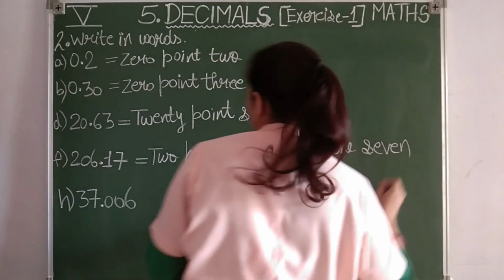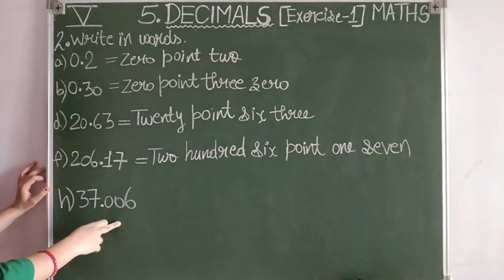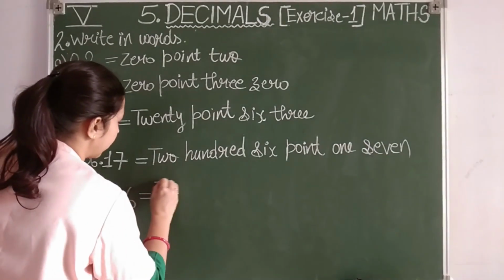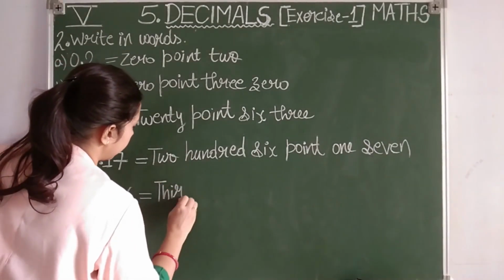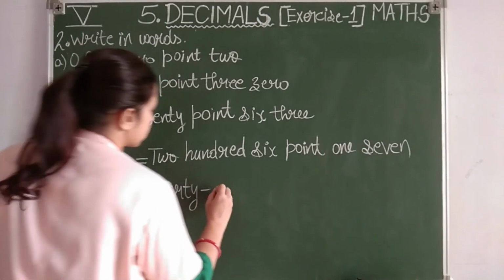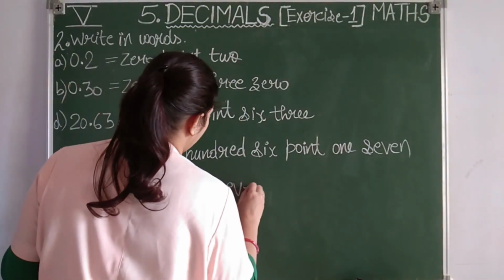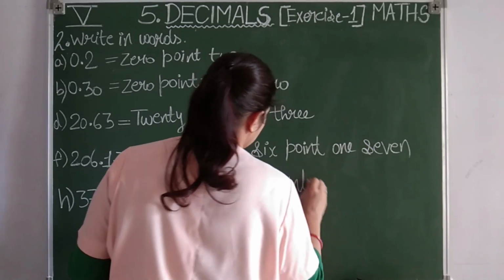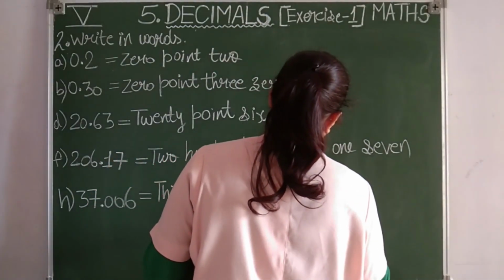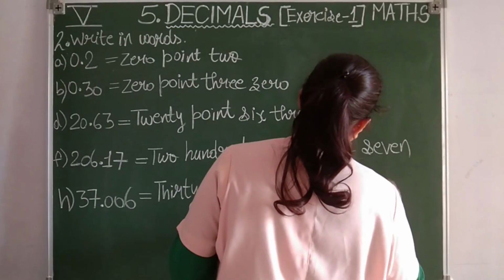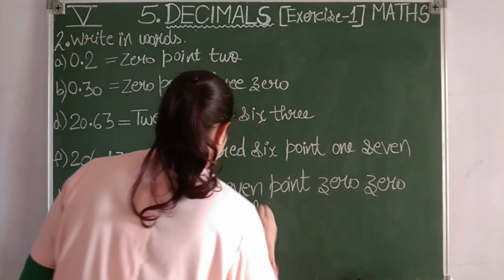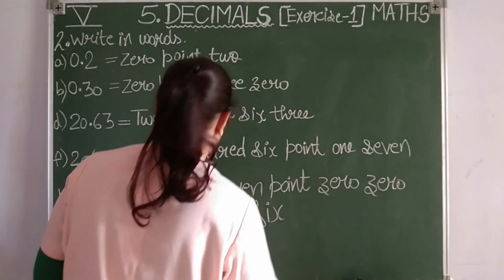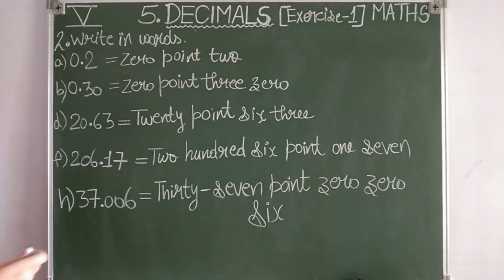Okay, then 37.006. We'll write it as 37.006. Clear, students? Okay, note it down. Then we'll see question number 3.